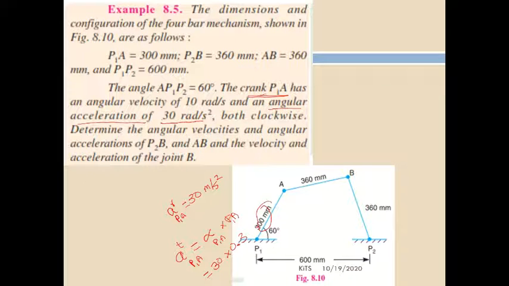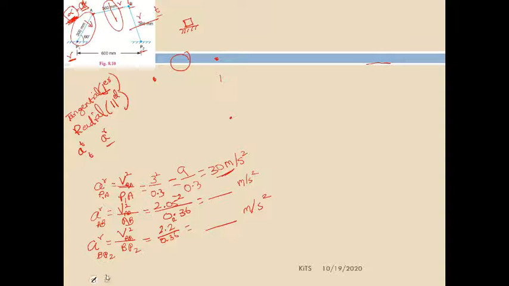So the answer is 9 meter per second square. So this is the tangential component of the crank P1A.